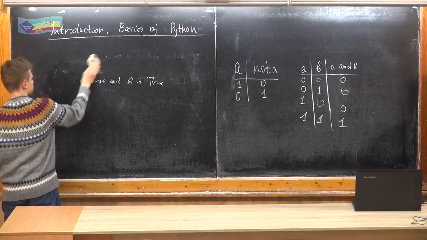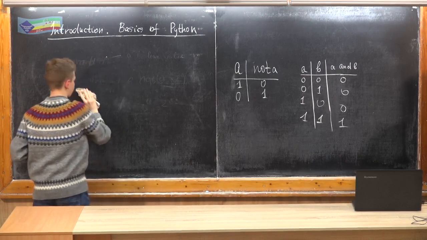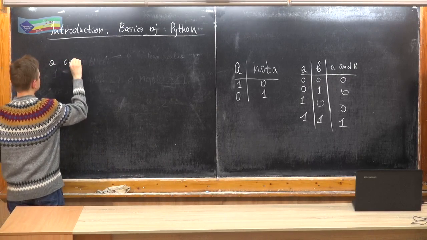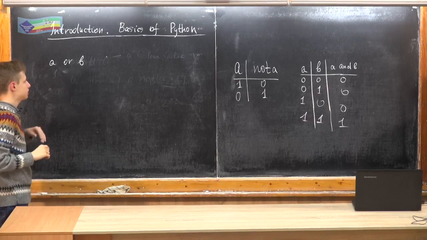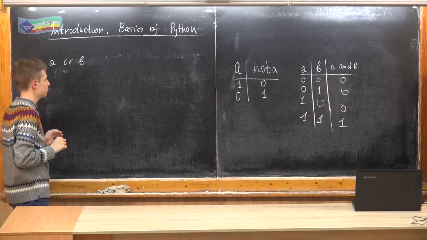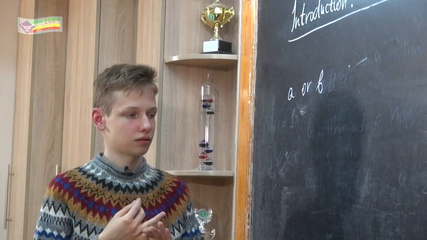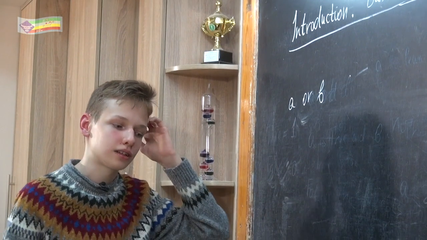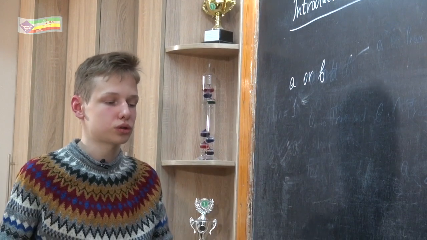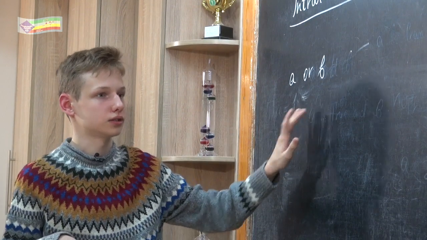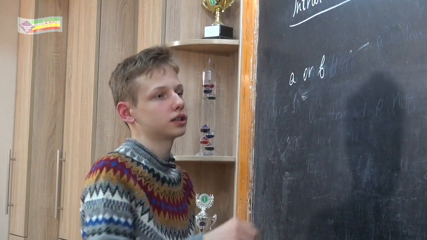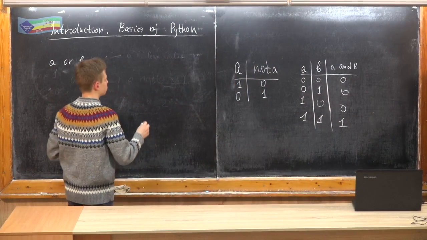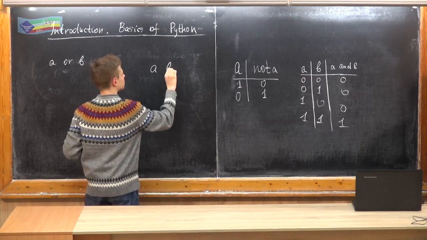The final operator which is used in Python is OR. A or B. It's true if A or B is true. That means that it's false only when A and B are both false. And we can write down the same table, but with different values of zeros and ones.